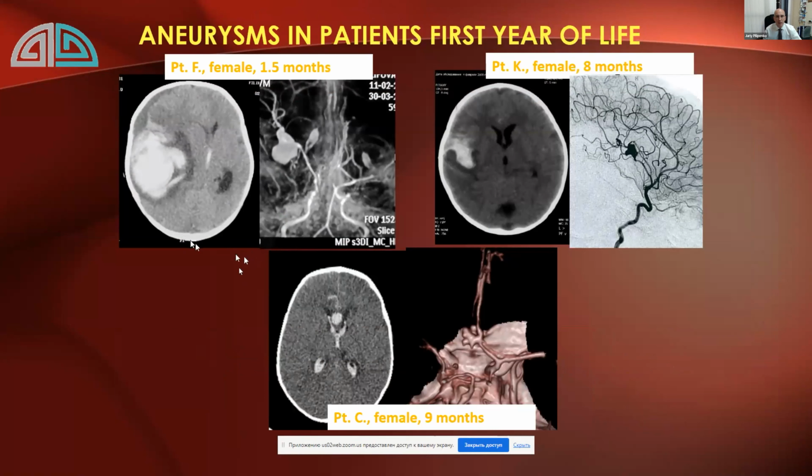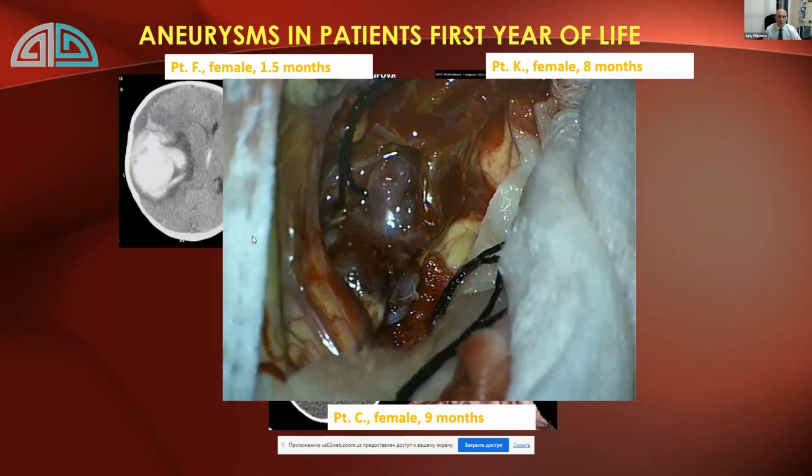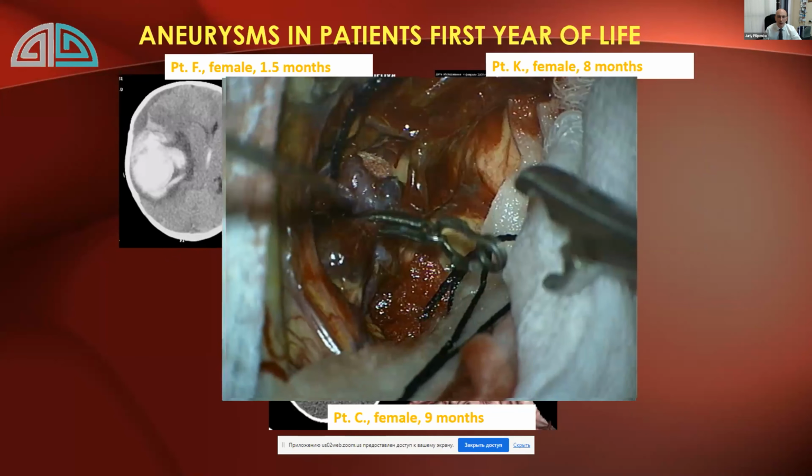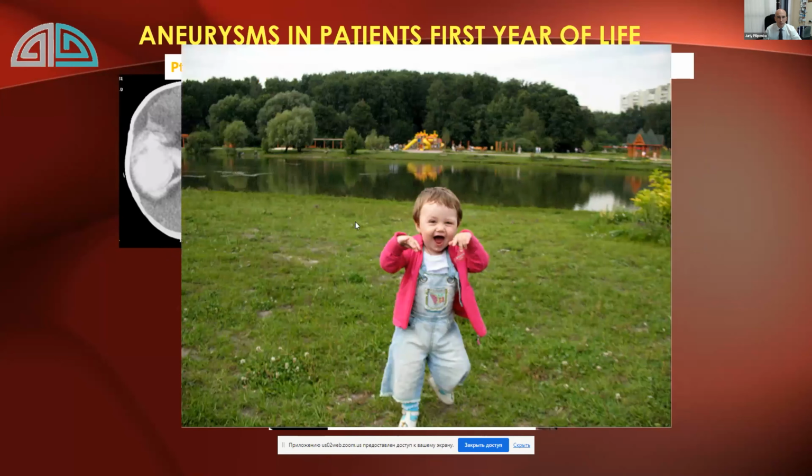I think you agree with me, it is very difficult to perform reconstructive operation in this case, especially by the endovascular route. That's why we performed microsurgical intervention, different types of complex surgical clipping, with good results in all cases.